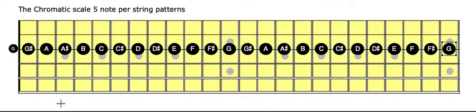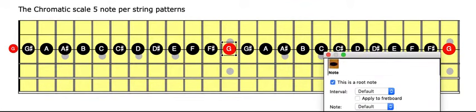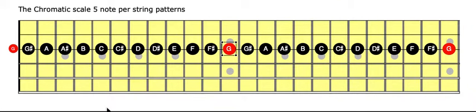If you do that, and we take G as the root here, I've highlighted it in red. So if you pick any scale, let's say this chromatic scale, and you start from G and run your notes to an octave, it's called G chromatic.